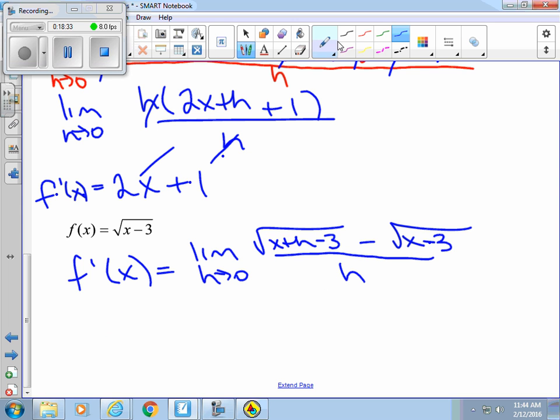How in the world do I do a limit that looks like that? Plus. You can't change it. Okay, it's a conjugate, so we multiply by the conjugate.